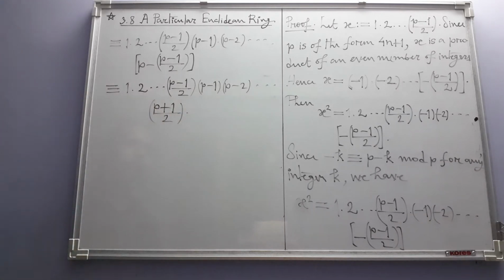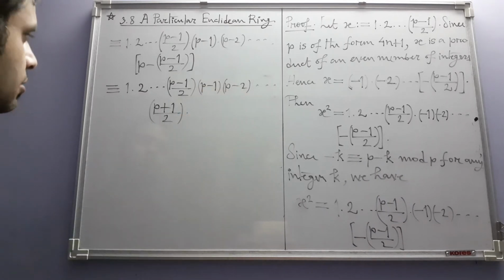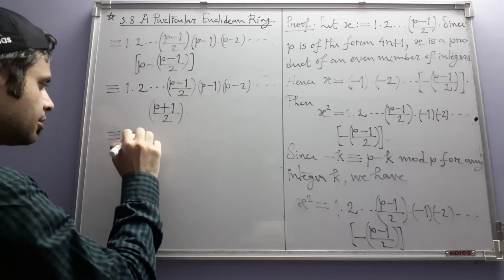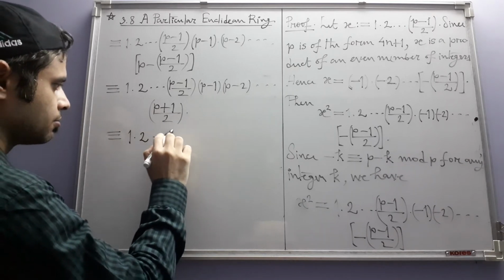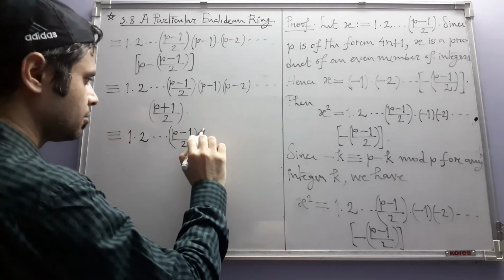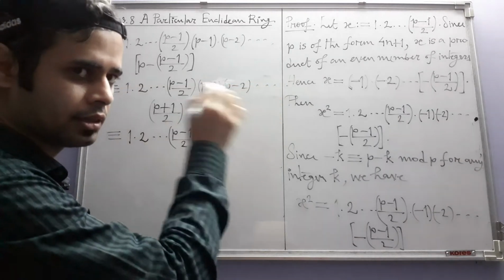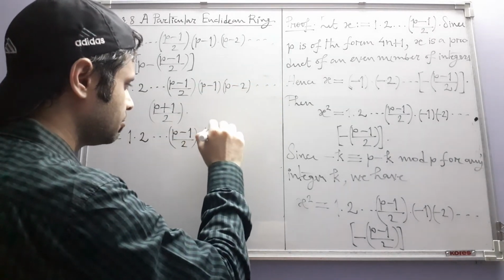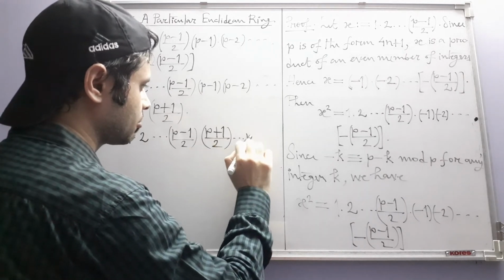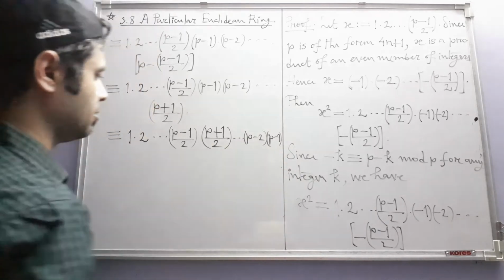Now note that if we change the order of these factors, then we can write this whole product slightly differently like this: p minus 1 by 2. Then we write this one, and we write all the things in the opposite order: p plus 1 by 2 up to p minus 2 and then p minus 1.